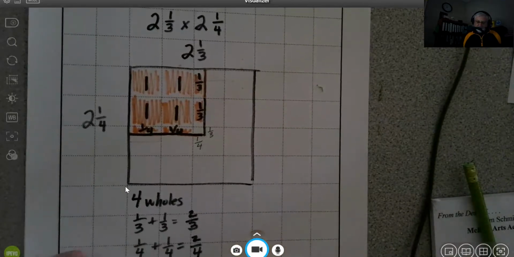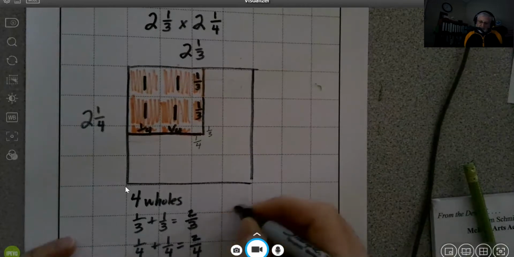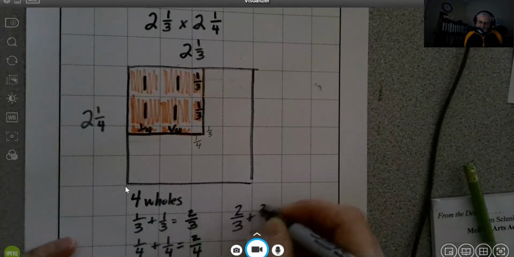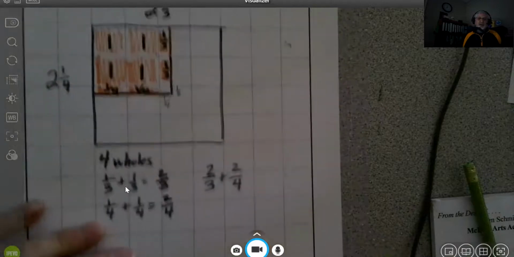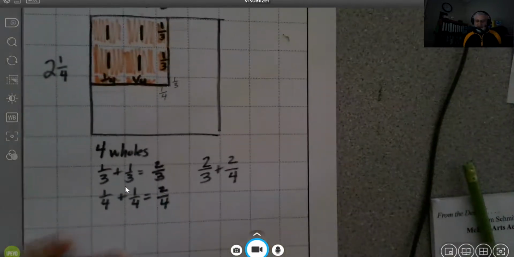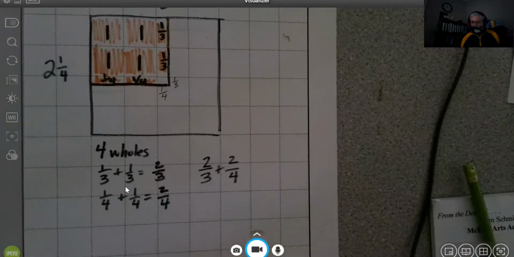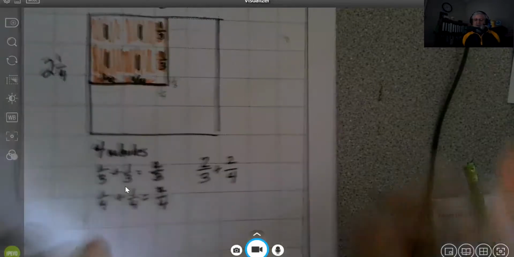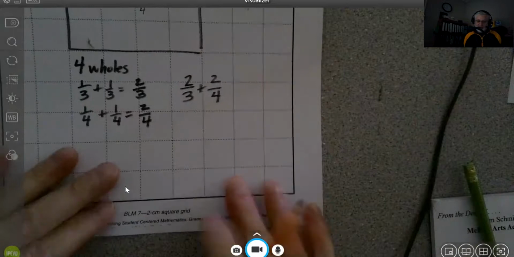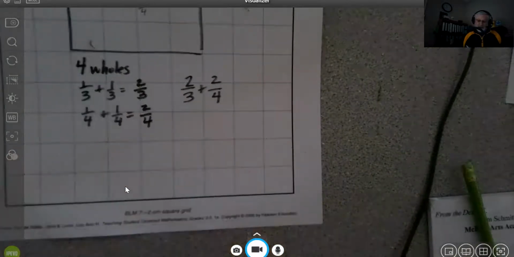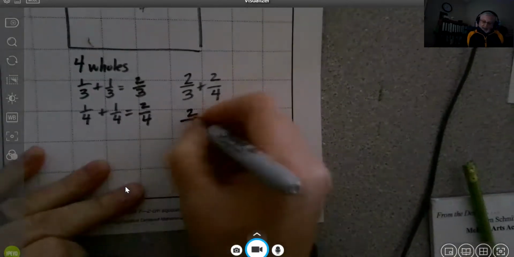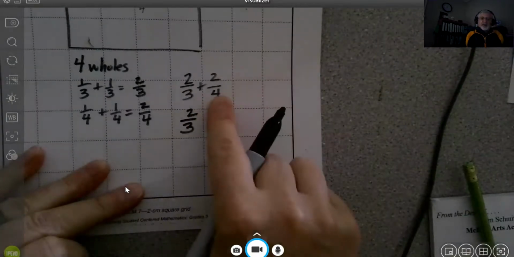Okay. So 2/3 plus 2/4. Again, can I add those together? No, I cannot. Okay, let's use our other strategy to find common denominators, which means that I can take 2/3 and multiply it by the other denominator.